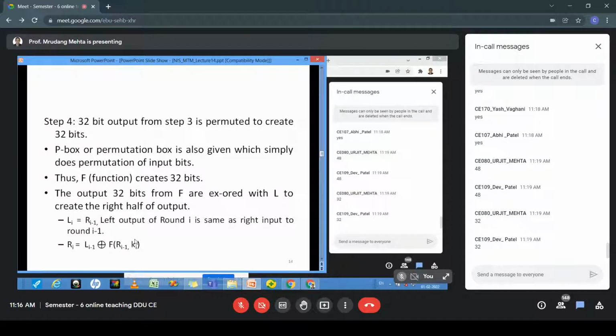We have seen this F function. The output is 32 bits. This 32 bits is XORed with the output of F, and that is stored in Ri. Is that clear? Is that clear to all of you?